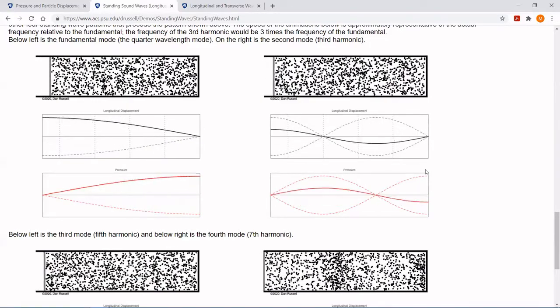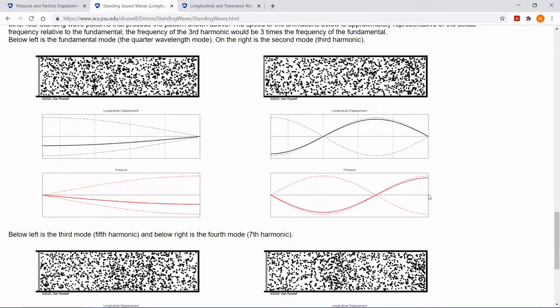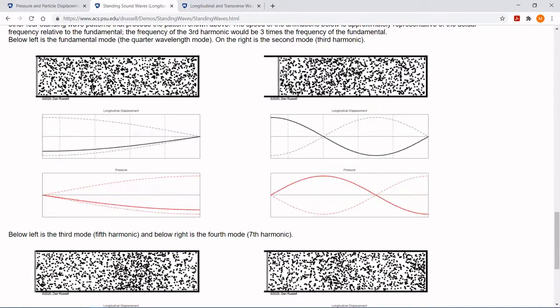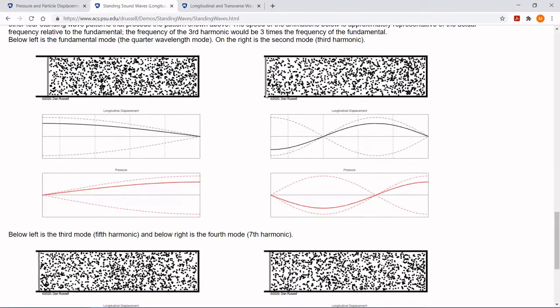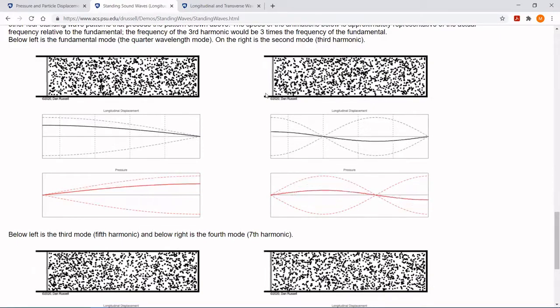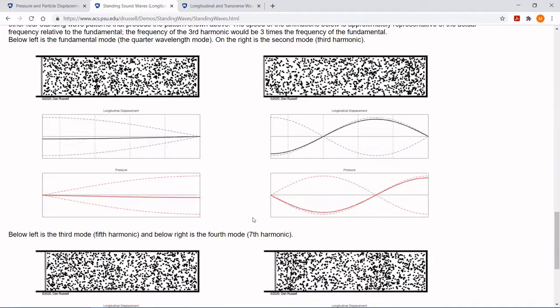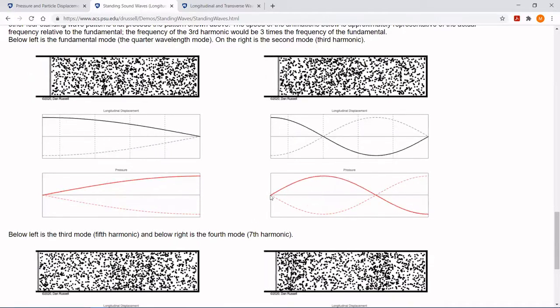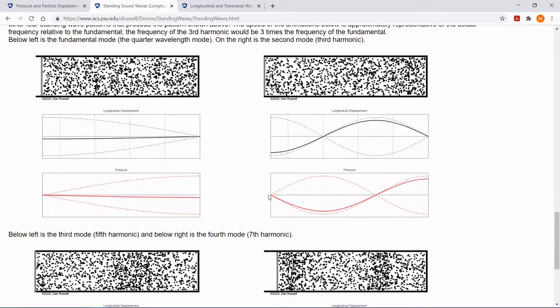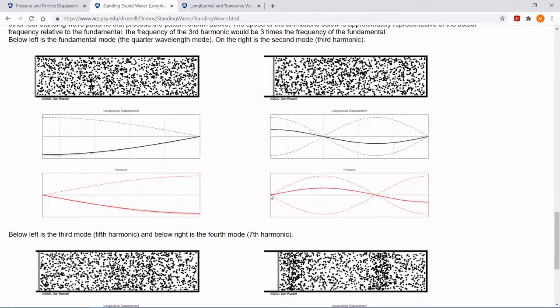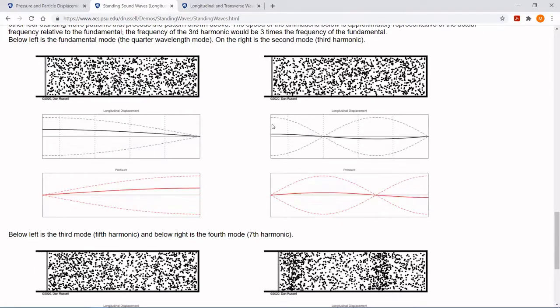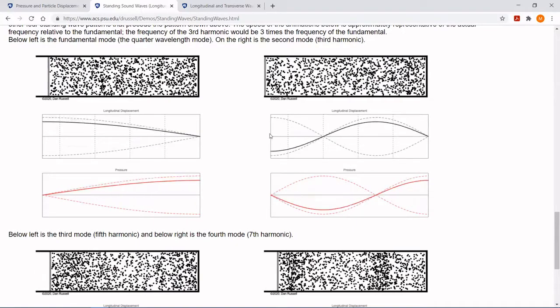That would also be a pressure antinode, and it is, according to the graph. We know that the far left end, which is open to the atmosphere, must have a pressure node there. There's no fluctuation of the pressure around atmospheric pressure. Yes, the graph shows that there's a pressure node, and that tells us that there's a displacement antinode.